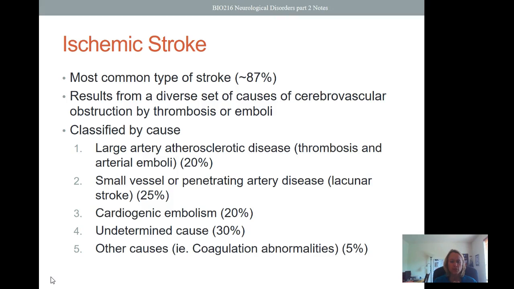They make up about 20%. Small vessel or penetrating artery disease, lacunar stroke, makes up about 25%. Cardiogenic embolism, where an embolus is formed in the heart and then thrown to the brain, makes up about 20%. About 30% have an undetermined cause, and about 5% are due to other causes such as coagulation abnormalities.